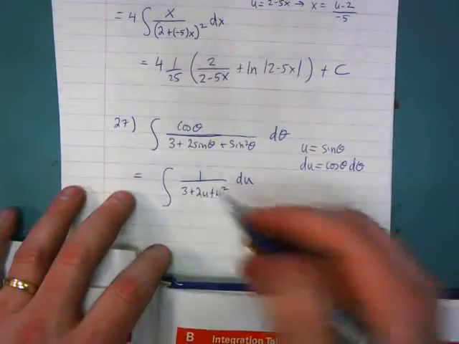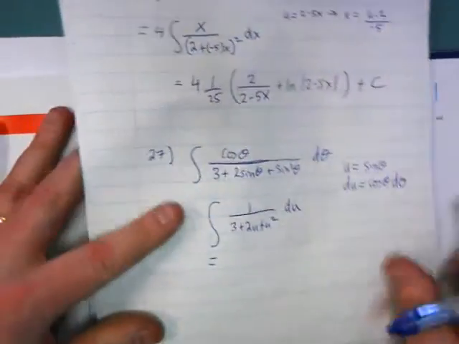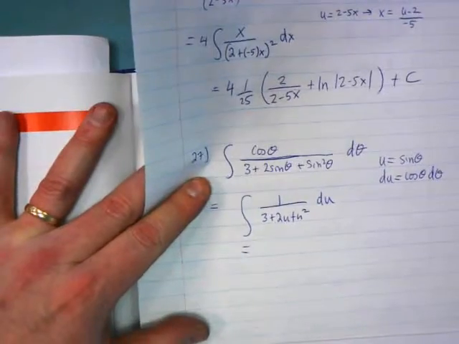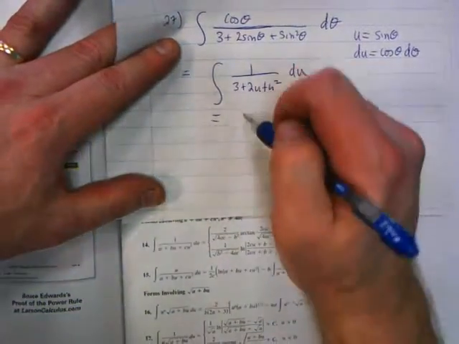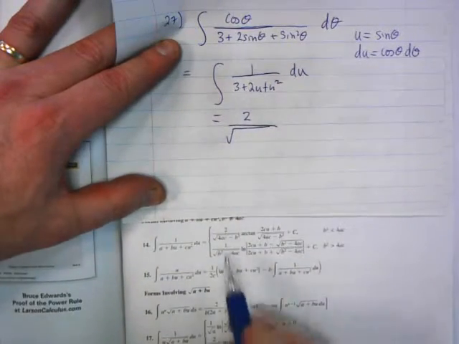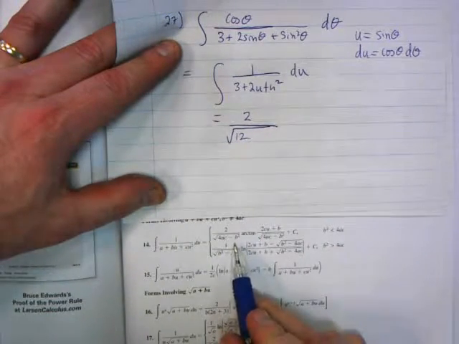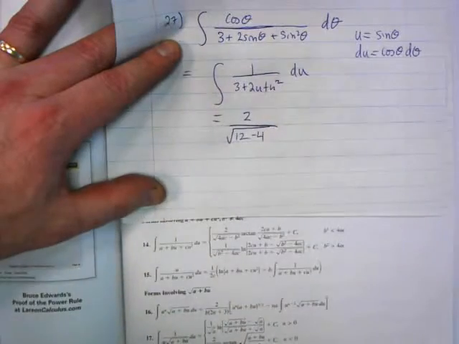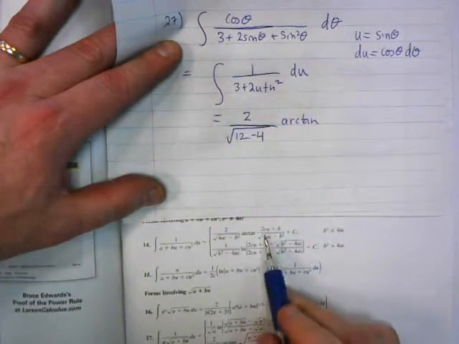All right, so it's quite a mess, but here's our answer. Looking at the table, 2 over the square root of 4ac minus b squared. 4ac in this case is 12, minus b squared, that's 4, times the arctan of 2cu plus b.